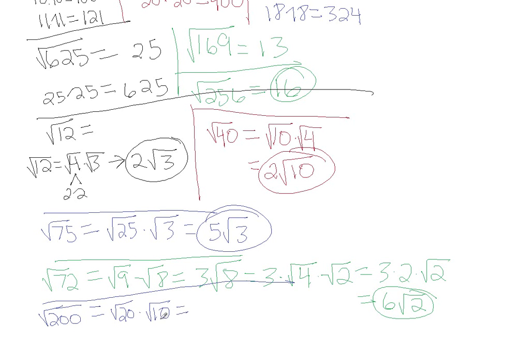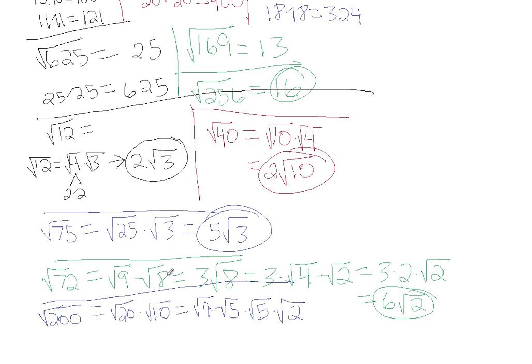These aren't perfect squares either, so we can keep on reducing. 20 can be rewritten as 4 times 5. Square root of 4 times square root of 5 is square root of 20. We can also rewrite 10 as a square root of 5 times square root of 2.